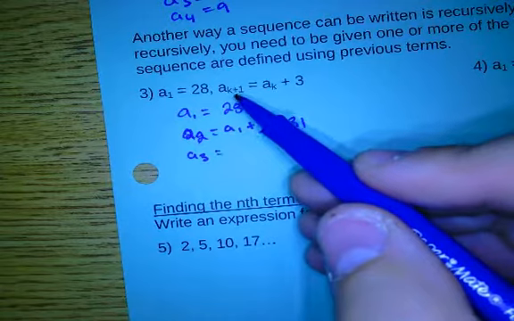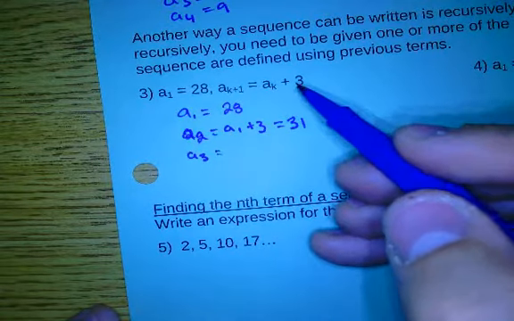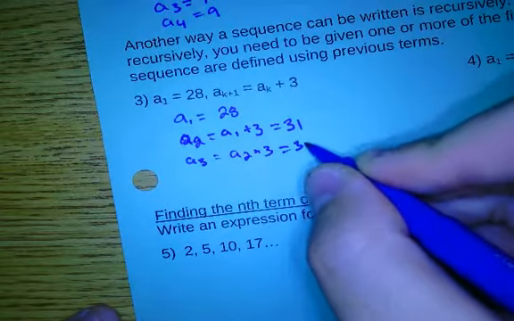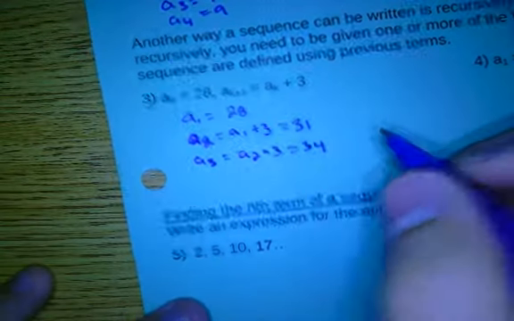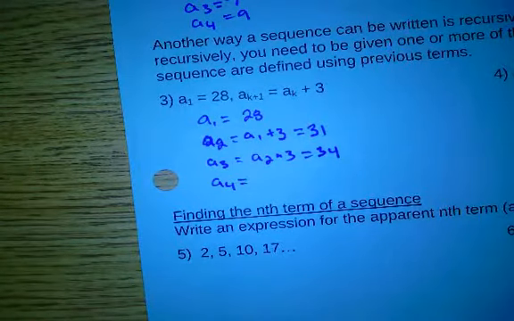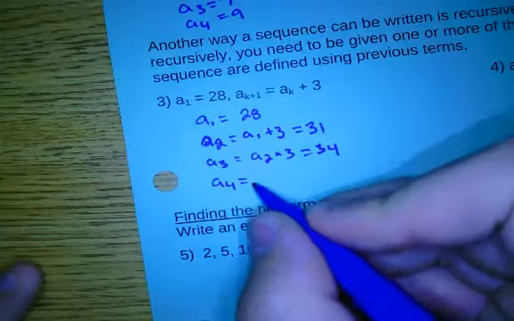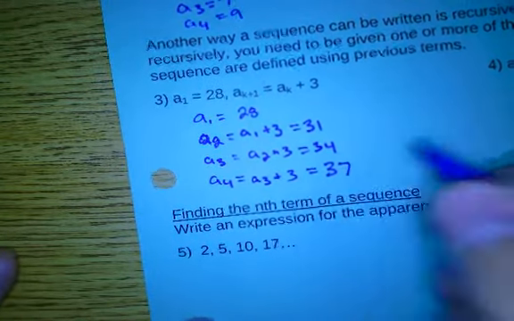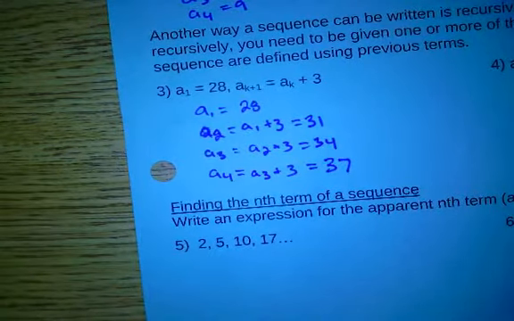It's always going to be the number previous. So it's going to be A2 plus 3, which is 34. A4. Well, do I need to write everything down again, or do we get the idea? I'll write it down. It's going to be A3 plus 3, which is 37.